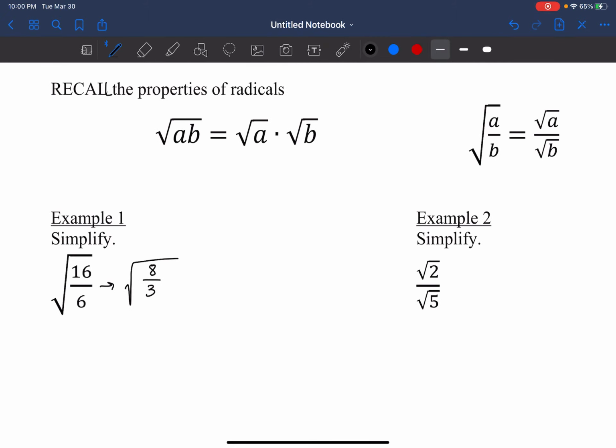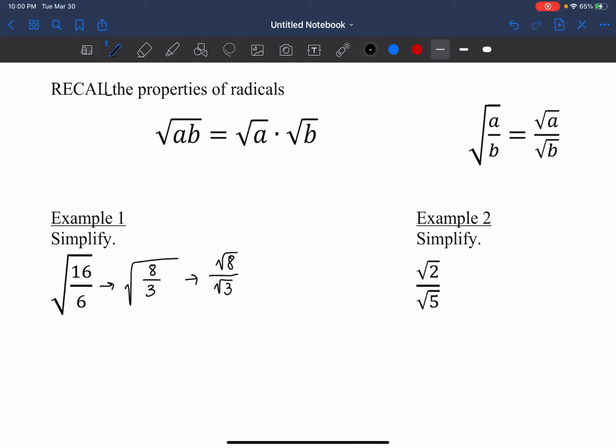Now I am going to use this property right here, that way I can split up this square root. So I am going to have the square root of 8 over the square root of 3. The reason I'm doing this is because I want a square root as a denominator.